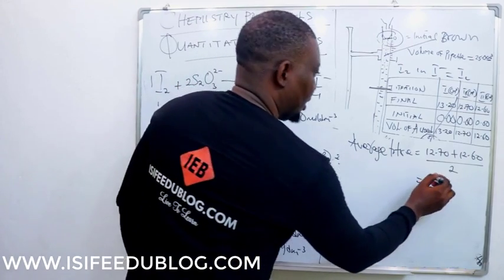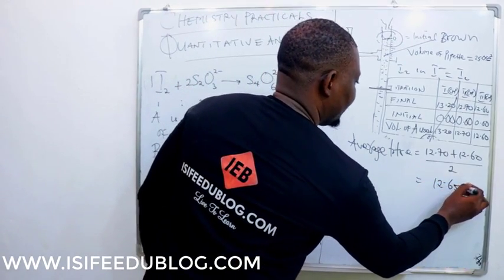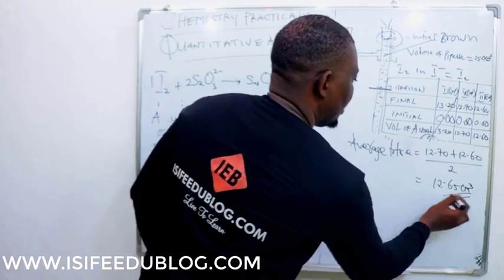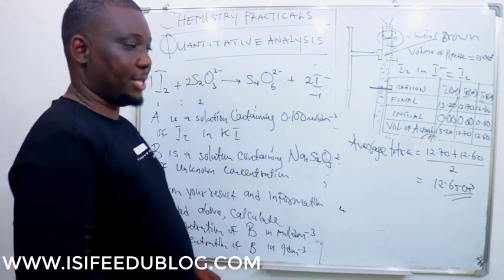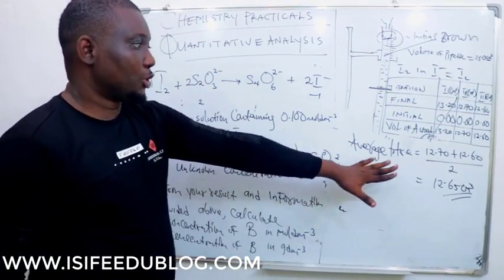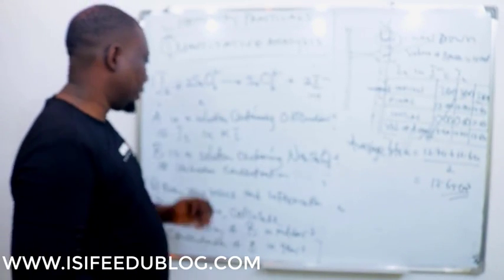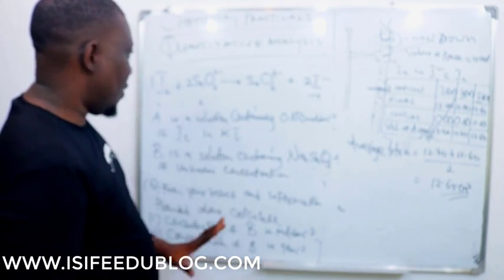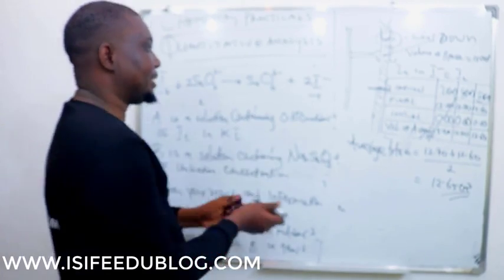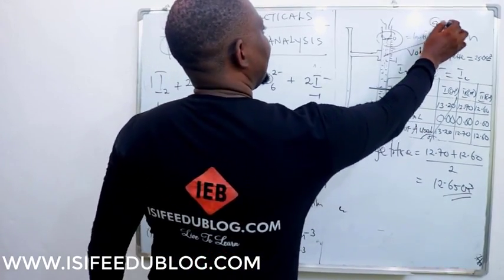I think that gives us 12.65 cm³. This is our volume of the acid. Okay, so we use values that are consistent, or values that are what? Concordant.